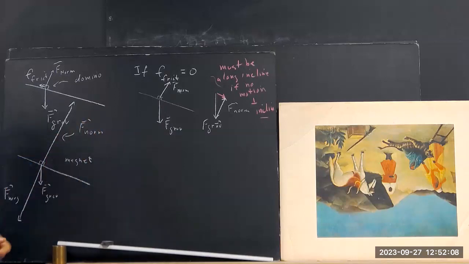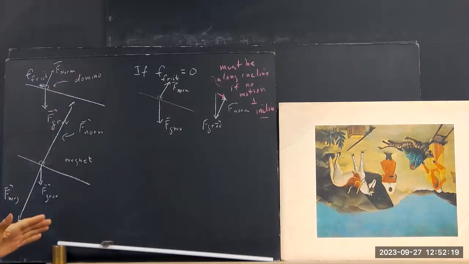The normal force has to be enough to counterbalance the component of the gravitational force that's perpendicular to the incline. We call that the perpendicular component. Okay.